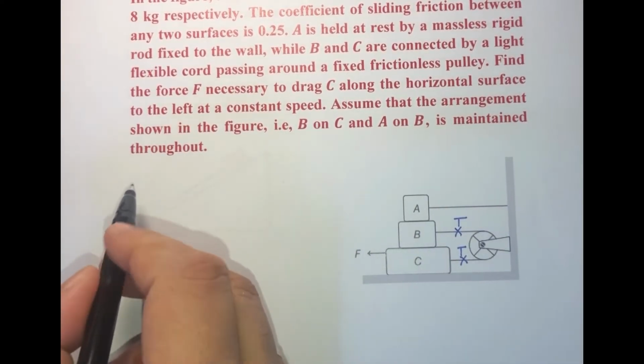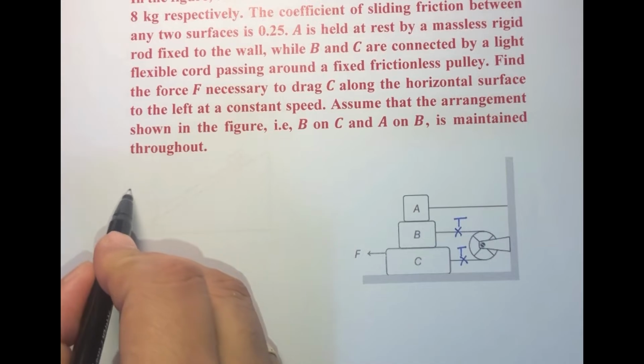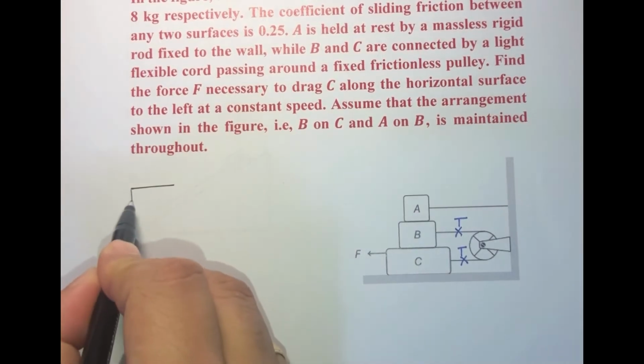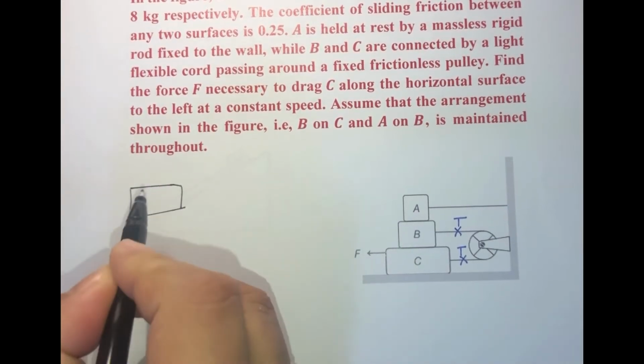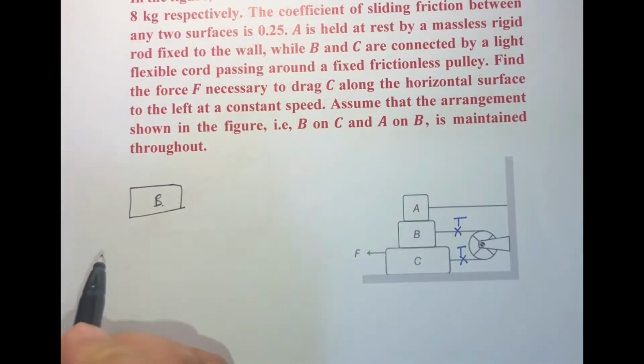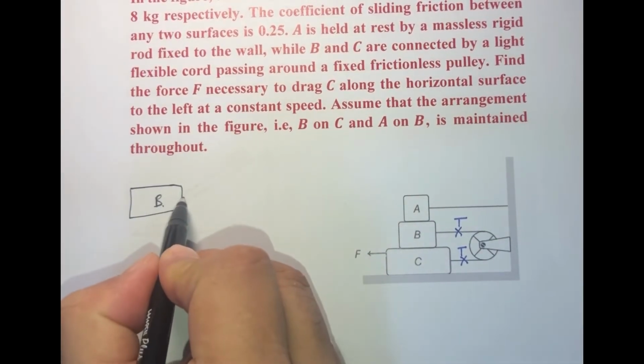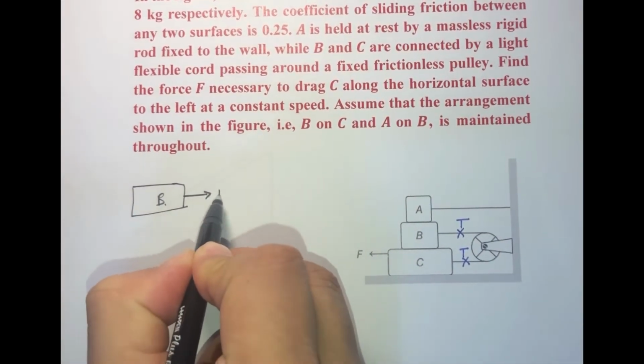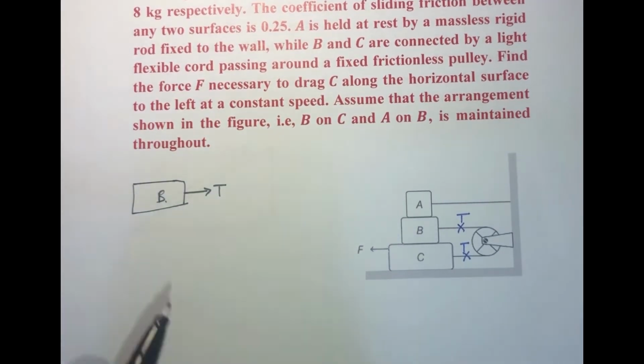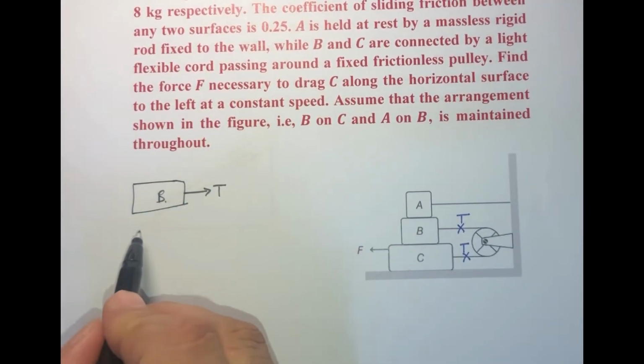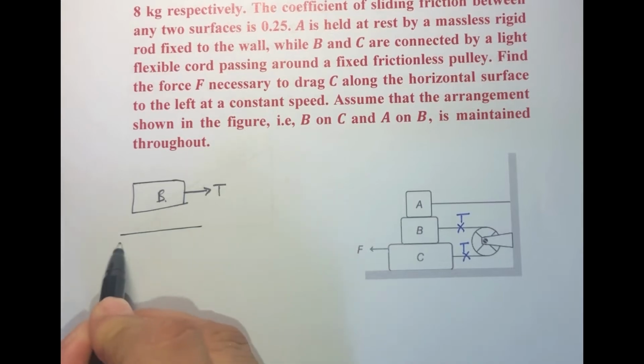So first of all, let us draw it for block B. Block B will have tension T. Let us draw for block C also.